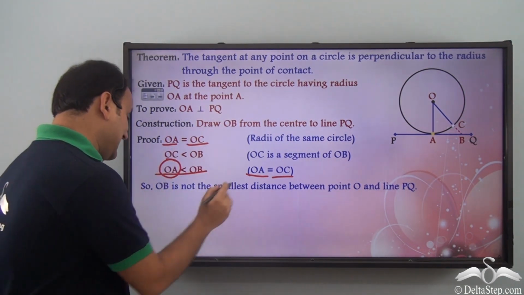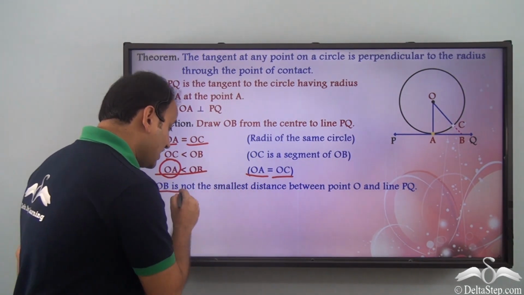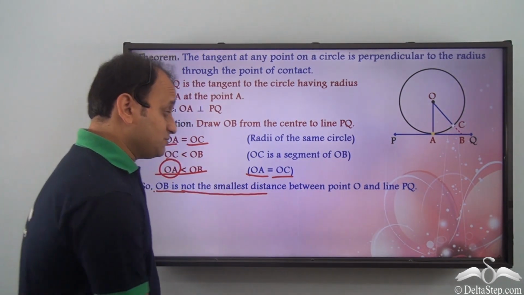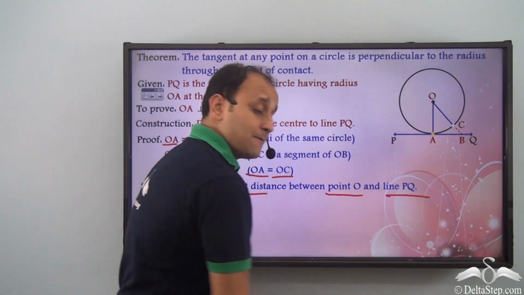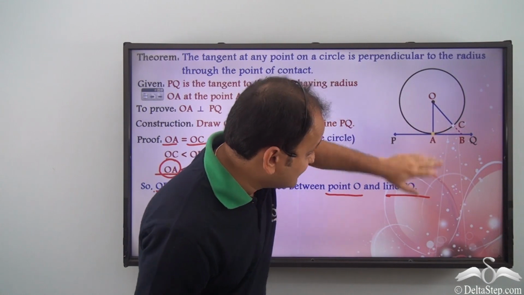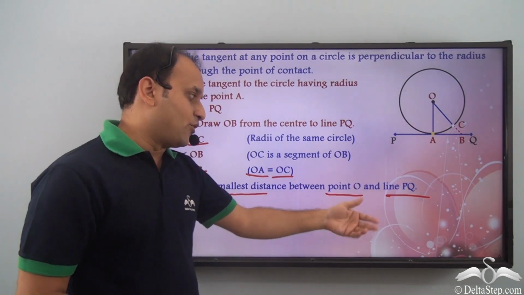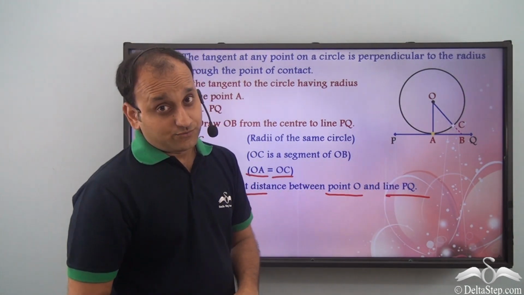Now we can say that OB is not the smallest distance between point O and line PQ. Definitely, we easily see that OA is smaller than OB.